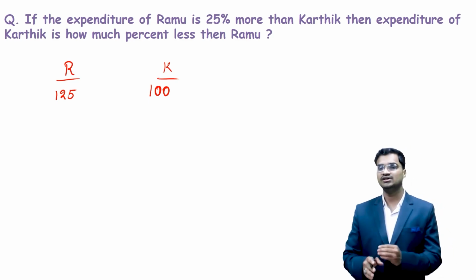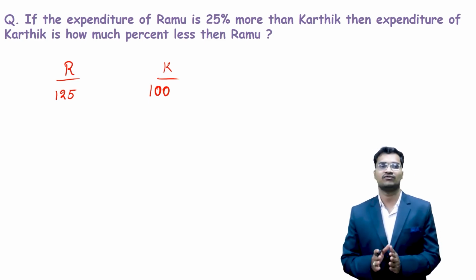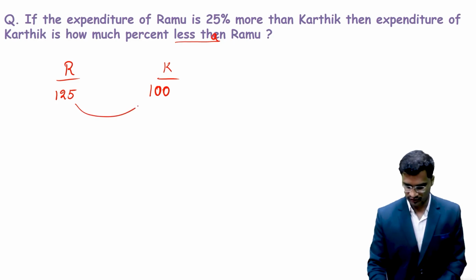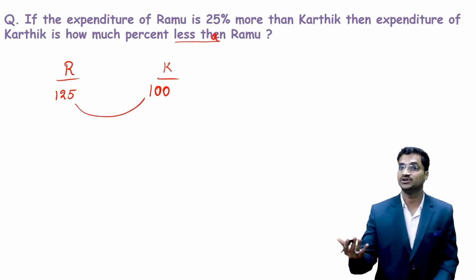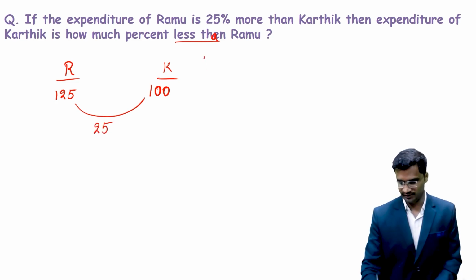Now in this question, what is he asking? The expenditure of Karthik is how much percentage less than Ramu. Whenever I see percentage increase, percentage decrease, more than, less than, I simply find the difference. The difference between the two is 25.